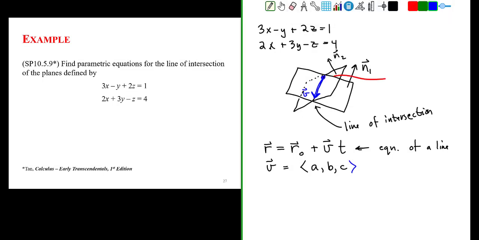So this point right here will correspond to r naught, and r naught is the position vector that has components x naught, y naught, and z naught when we draw the position vector starting from the origin to that point in an x, y, z rectangular coordinate system.